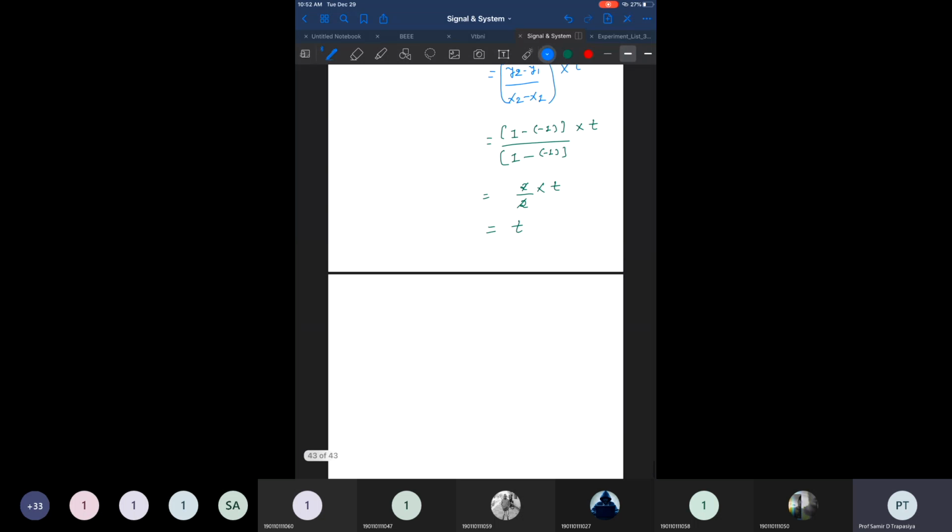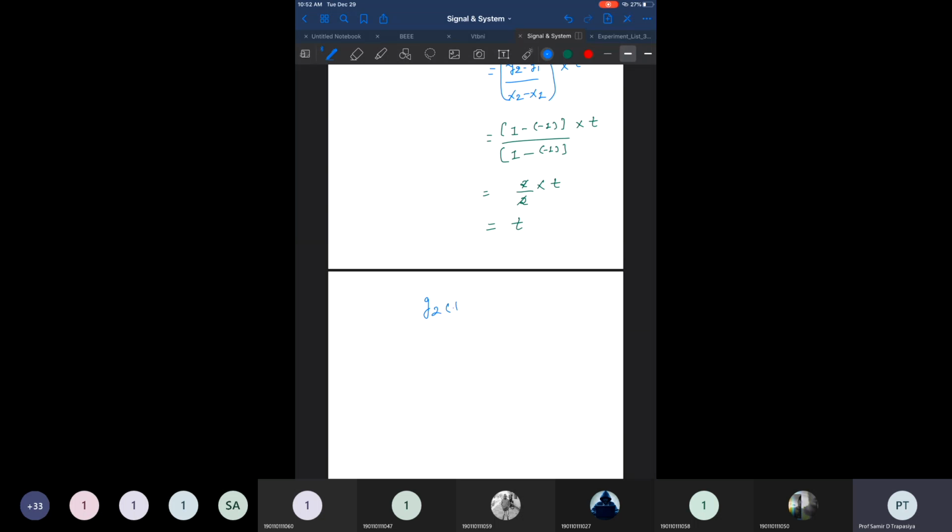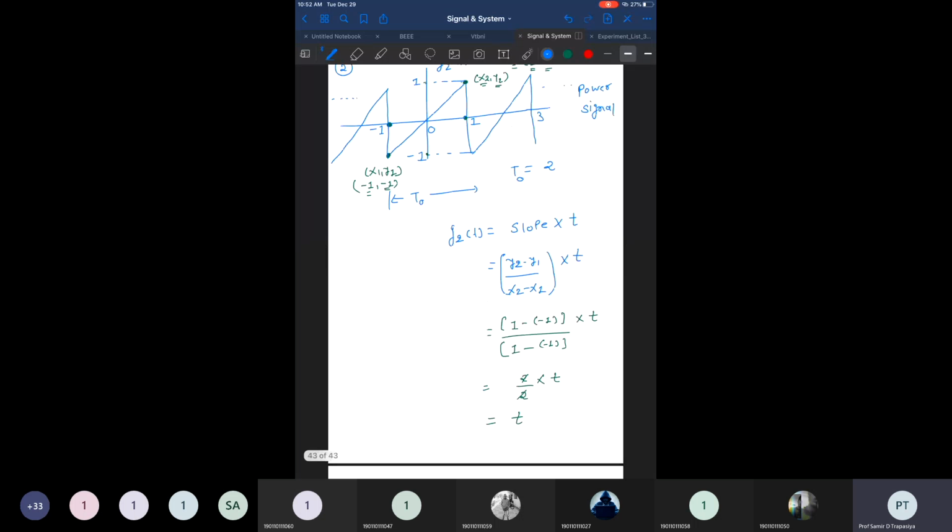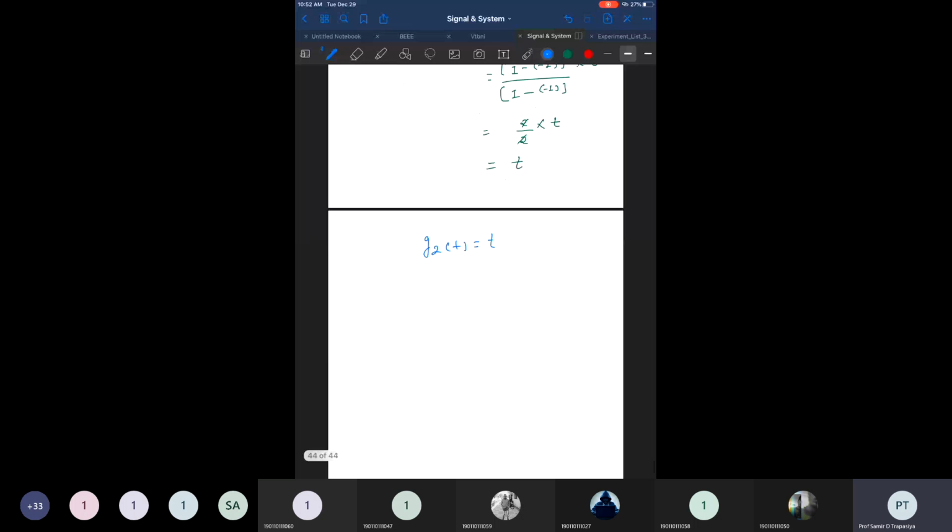Now we can derive that our signal g2 of t is equal to t for how much duration? For one cycle. If you consider this cycle from minus 1 to 1, then for every cycle it is from minus 1 to 1. Now we will find the power of the signal.